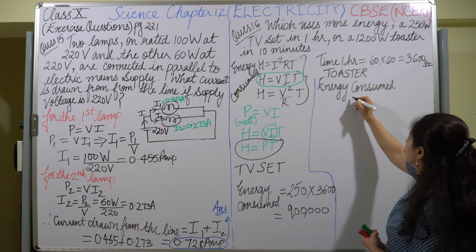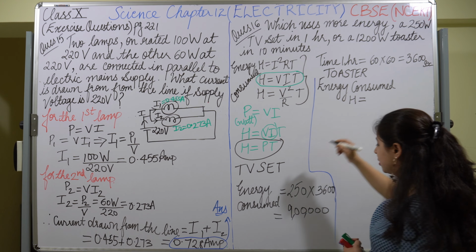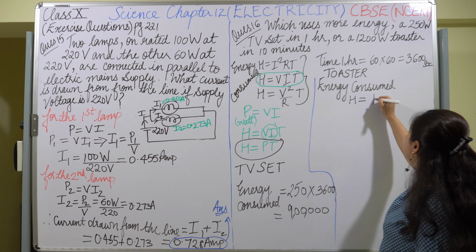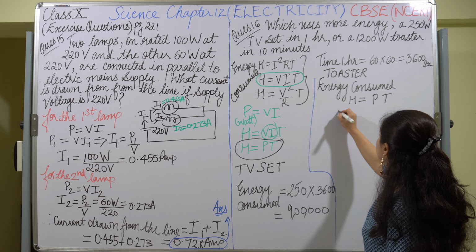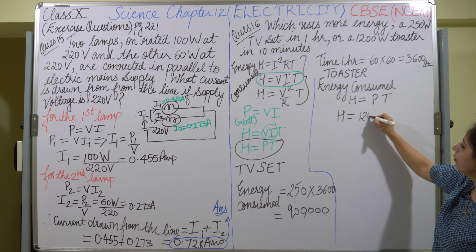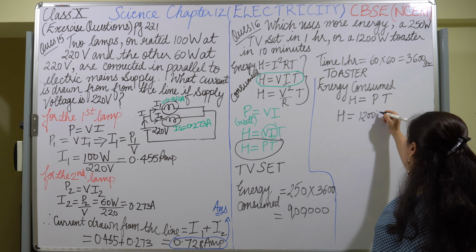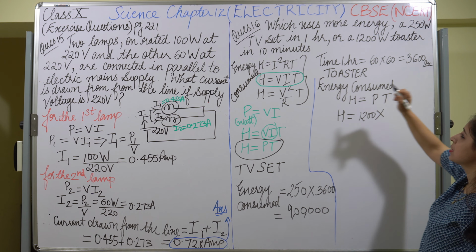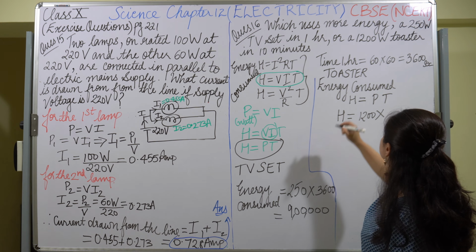The energy consumed for the toaster will be equal to H is equal to PT. Again, P is 1200 watts given to us, and the time is given in minutes, so we'll convert the time.